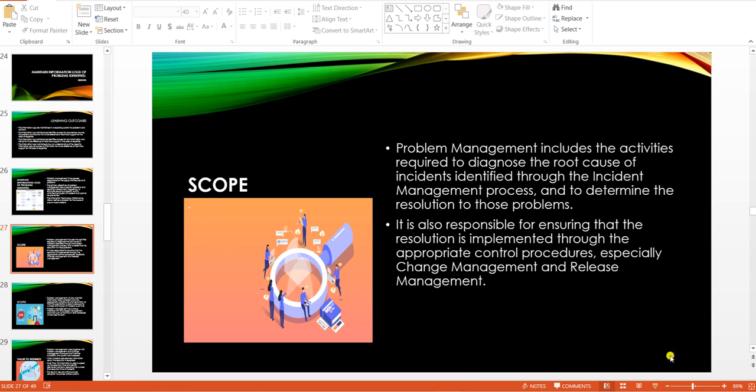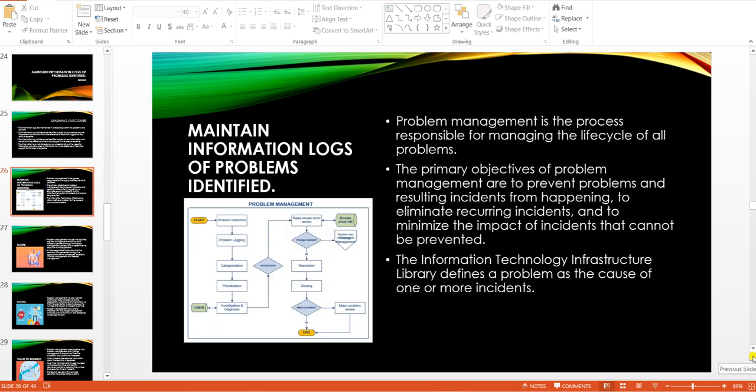Remember, on the previous slide, when we have a root cause analysis, it's in line with when we want to review the major incident or, at the end point of the process, when we want to submit a report in relation to the root cause analysis.